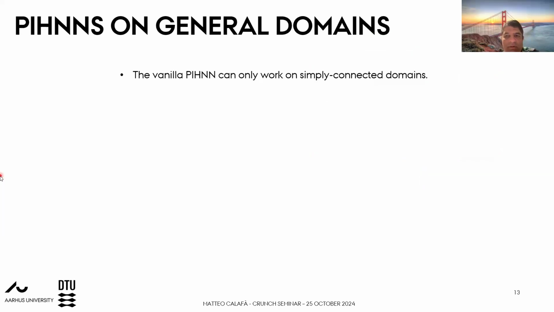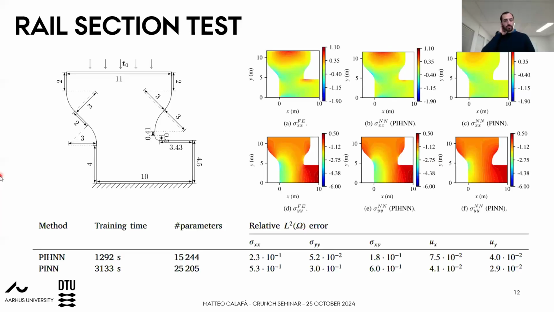Matteo, if you increase the number of collocation points on the boundary, do the results improve in this case? Yes. Well, as always, it's a bit of a trade-off. In this case, I think we employed 600 training points on the boundary, and increasing the number of training points did not give much improvement. It was just an additional cost and a longer training time.